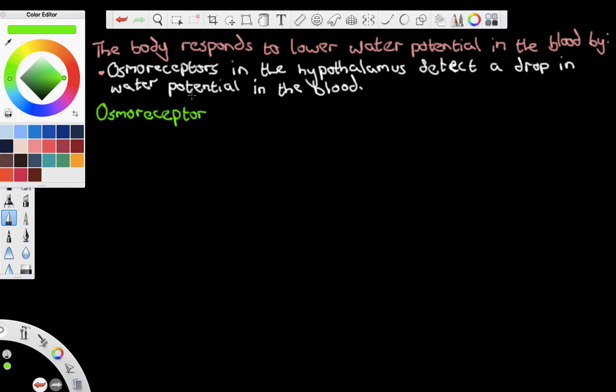Now, for those of you that are getting used to breaking words down, that I frequently do in my lessons, the word osmo literally means water. If it is a receptor, it detects something.